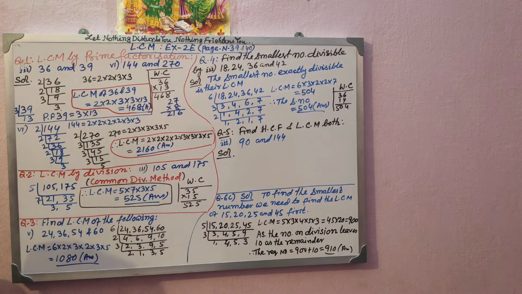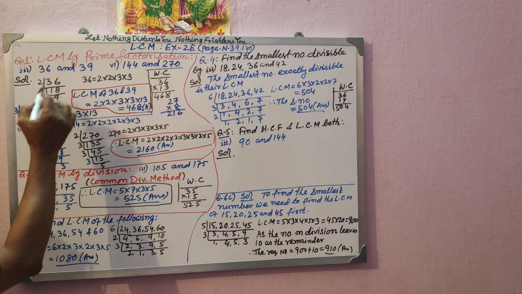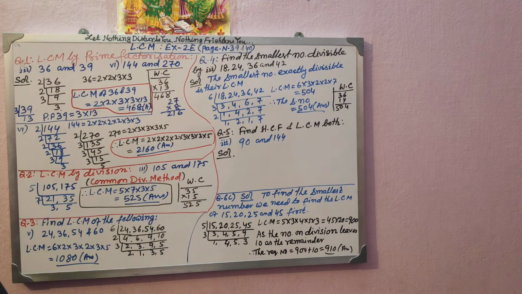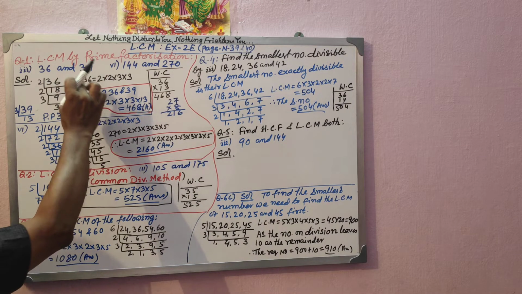You can very well write the product of prime numbers like this. Now 36 is split into prime factors, and you have written 36 as a product of prime factors. Now moving on to 39.